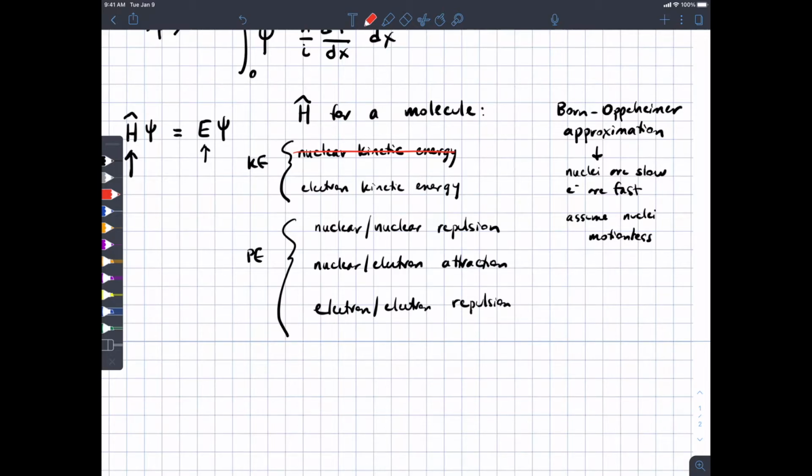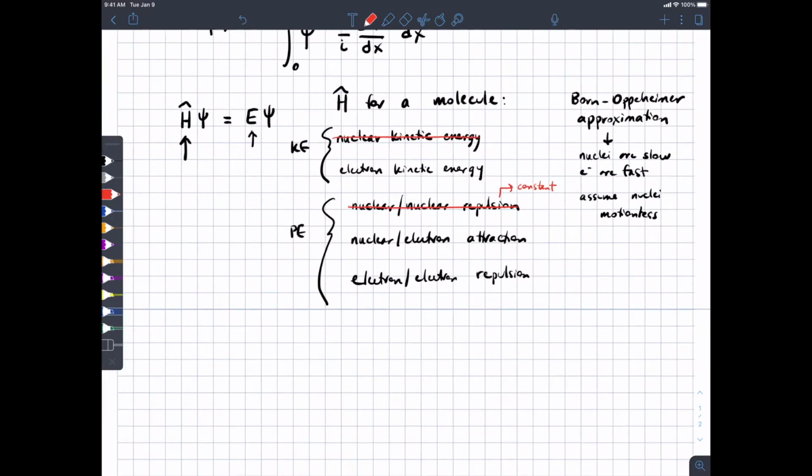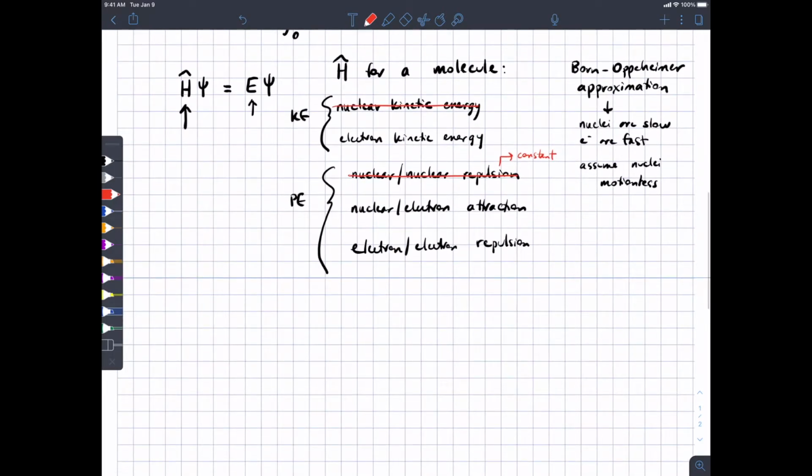We're also going to ignore the nuclear repulsion term. It's not 0, but whatever it is, it's constant and doesn't vary on the time scale of the electrons. And we're doing a lot of calculus here, and you can always factor out constants, so we can ignore that. Okay? So what's left is the three important terms: electron kinetic energy, nuclear electron attraction, and electron-electron repulsion.